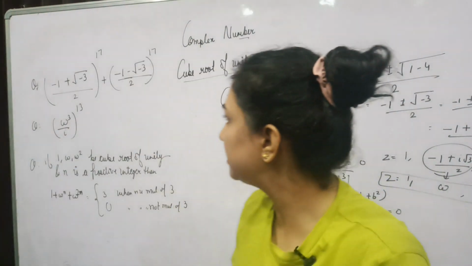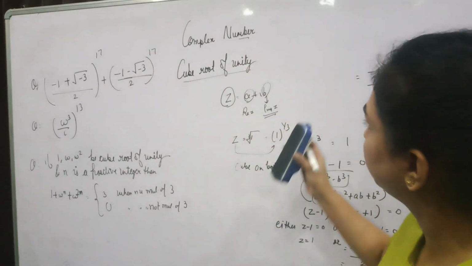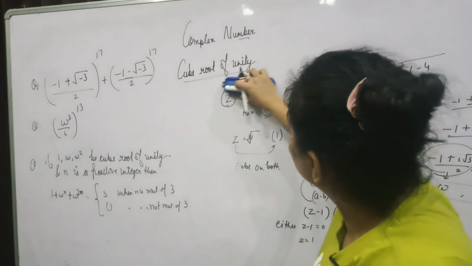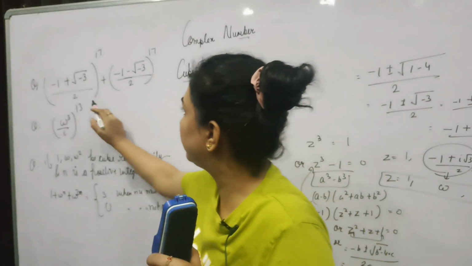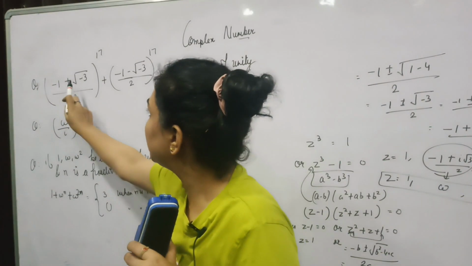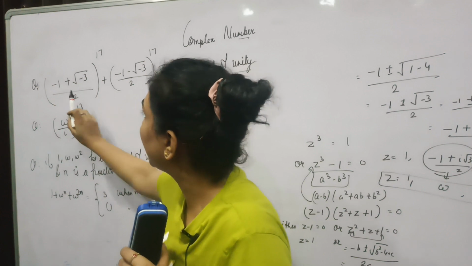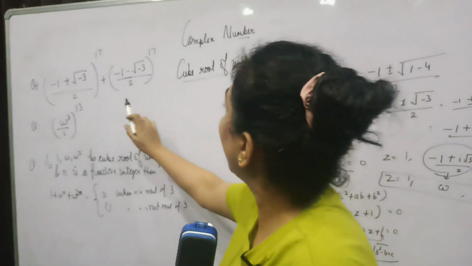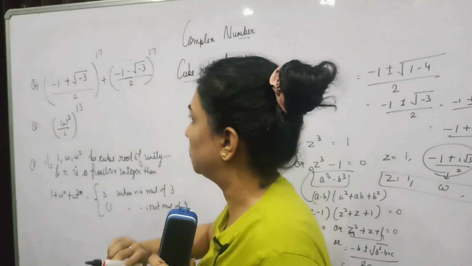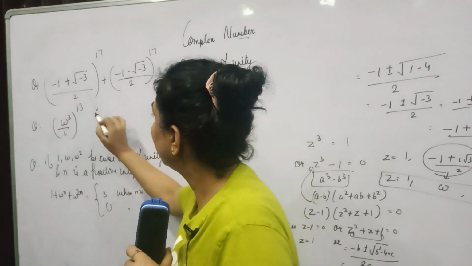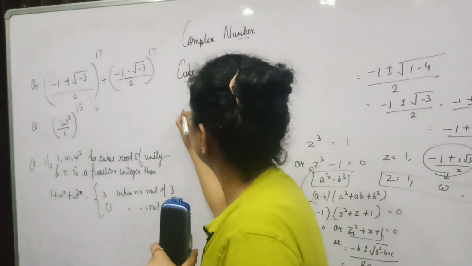So we will discuss our first question. See, we have two values given here, that is minus 1 plus under root of minus 3 by 2, and minus 1 minus under root of minus 3 by 2. You know what this value is?